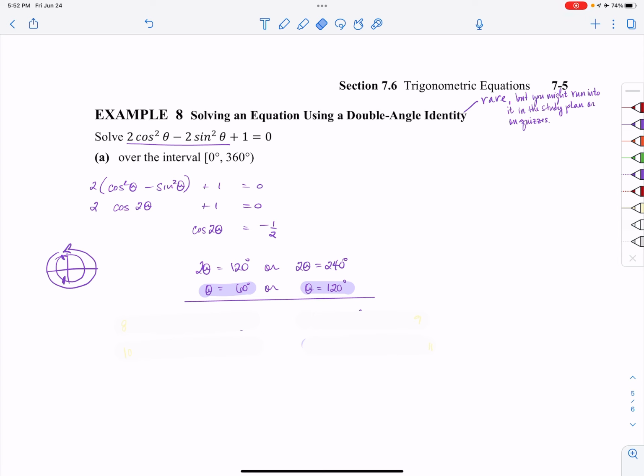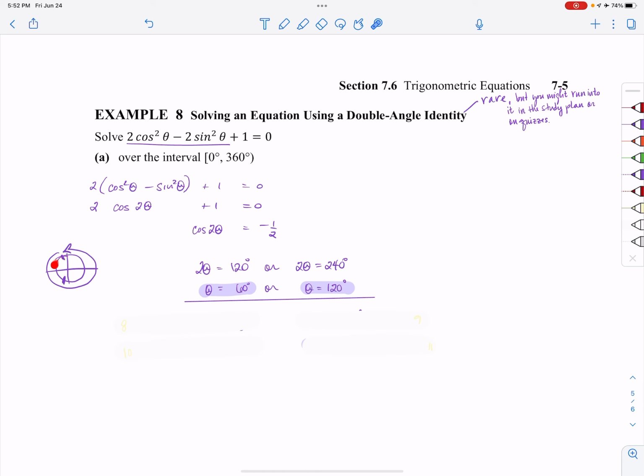Now, here's where it gets weird. Here's where we often don't think to go any further. Because we were working with a single theta, but then we turned it into a double theta, that's where we need to realize that we're being prompted to go a little bit of extra here. All right, so since this is double thetas, I'm going to go around the circle a second time. So this is 120 degrees.